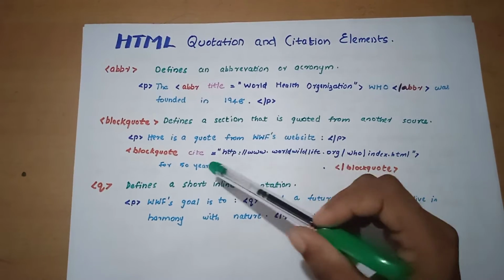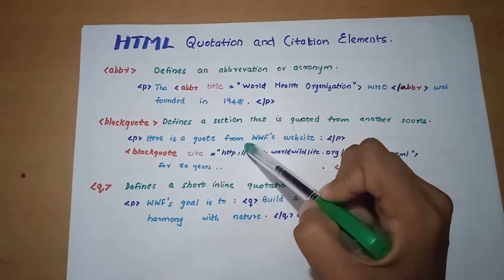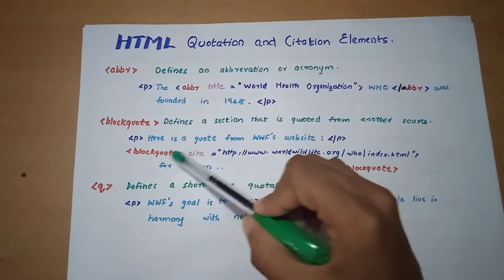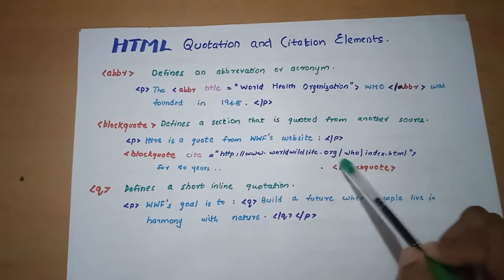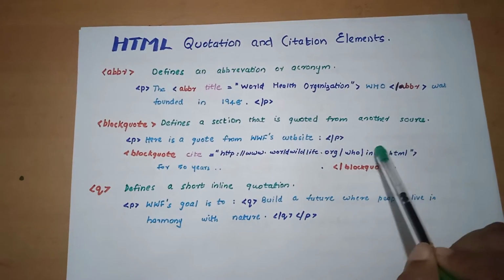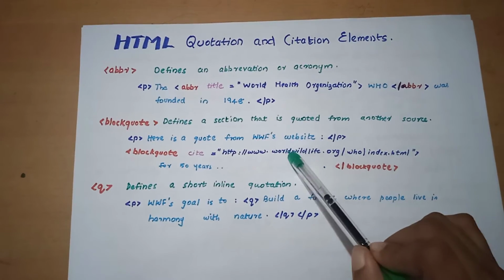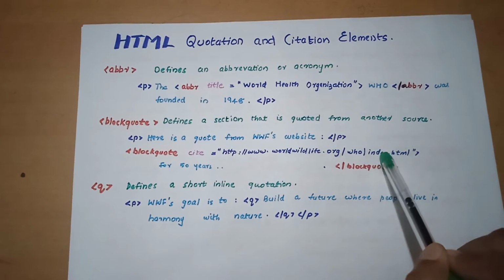So what I did is I wrote that here is a quote from the WWF's website, and I use this blockquote and its attribute cite equals that link, the whole link. And why we write index.html here is because everything written in this will be stored in this index.html page.